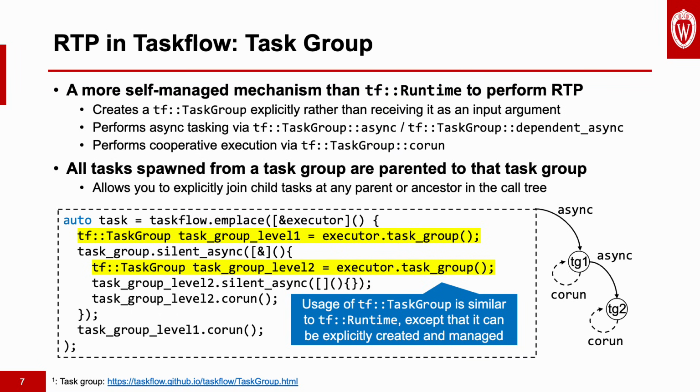More importantly, all tasks spawned from a task group are parented to that task group, so you can explicitly join child tasks at any parent or ancestor in the code tree of a task group. In the example below, I recursively create 2 task groups and explicitly synchronize them using corun.